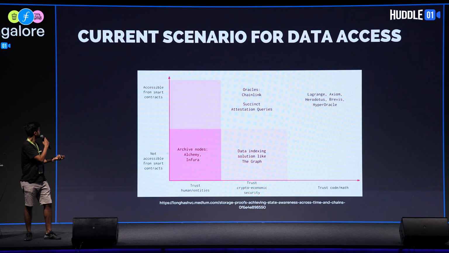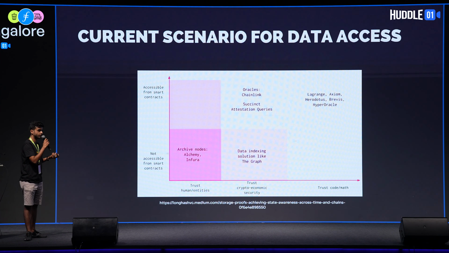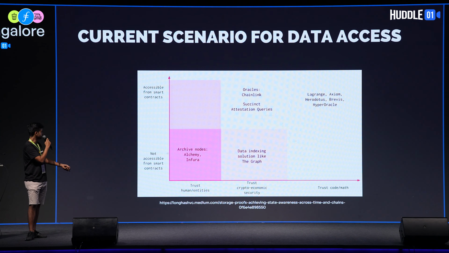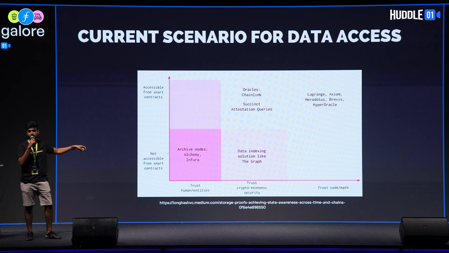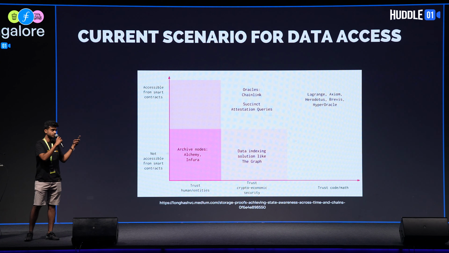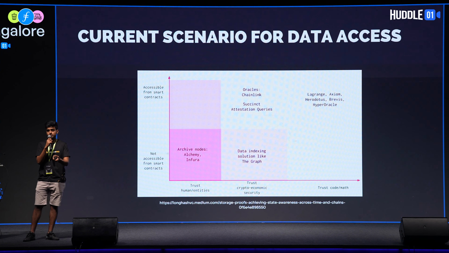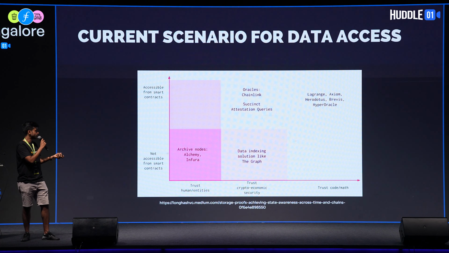Here is the landscape right now for on-chain data access. We have Alchemy and Infura-based services, but these cannot provide data on-chain. We also have services like The Graph, but the same problem: there is more trusted cryptoeconomic security, but the data cannot be accessed on-chain.